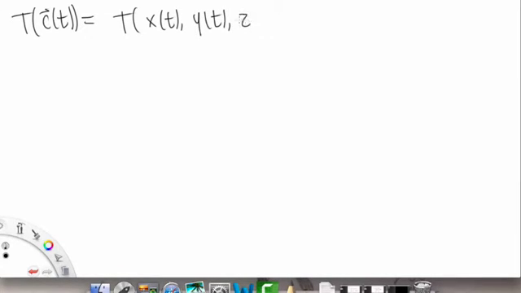All right, so now that we have established that, we have T of c of t equal to T of x of t, y of t, and z of t. So we have that outer function and the inner function, which is the path.